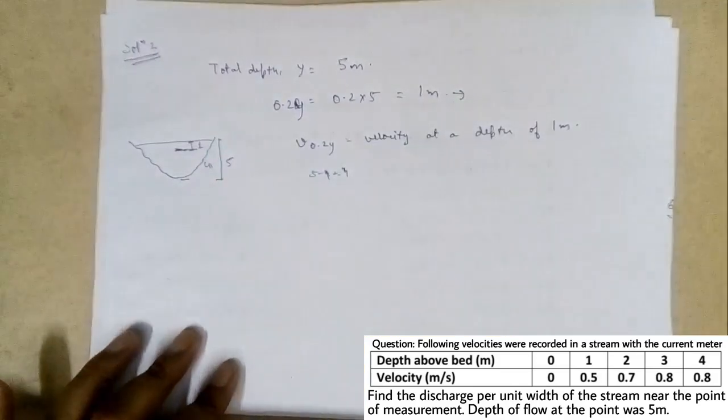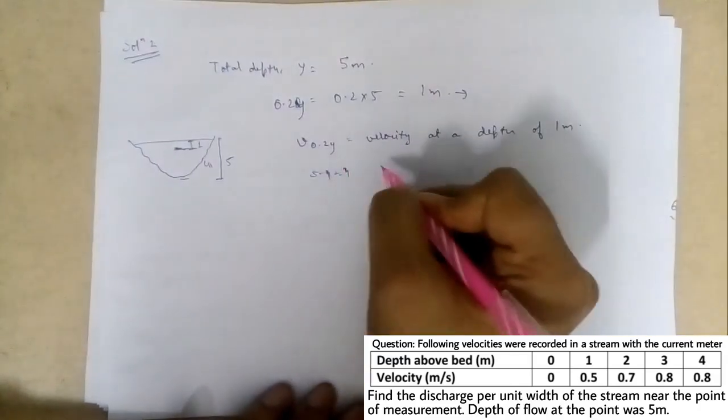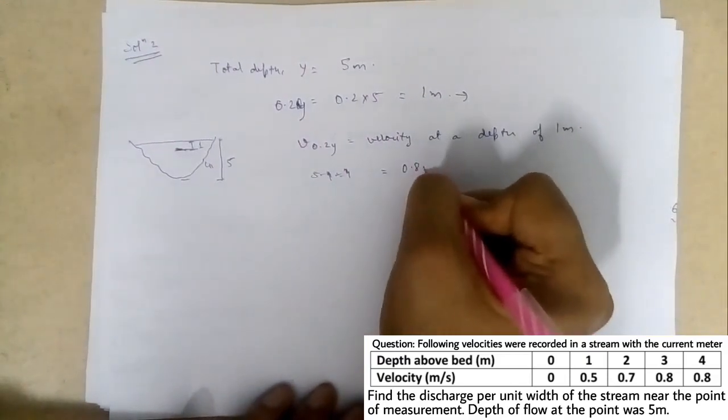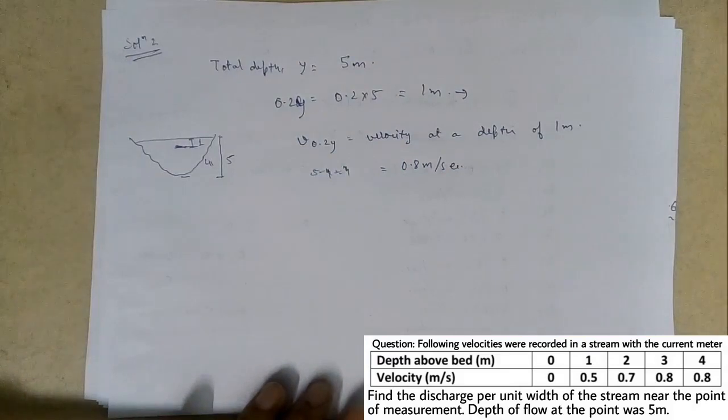So as per the question, at 4 meter above the bed, the velocity is 0.8 meter per second. So v 0.2y is equal to 0.8 meter per second.